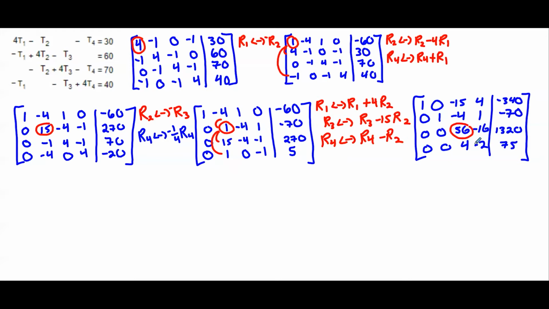But maybe dividing this row by 4 is going to be better. I don't know. You could try either one. You know what? Let's just go ahead and divide this by 56 because it might be okay. Let's do this in blue. So the operation is replace row 3 with 1 over 56 row 3.